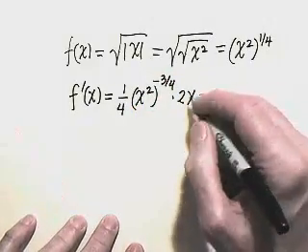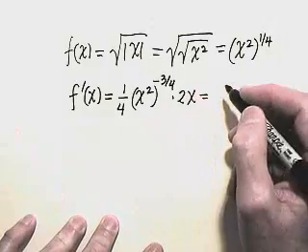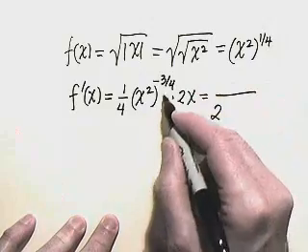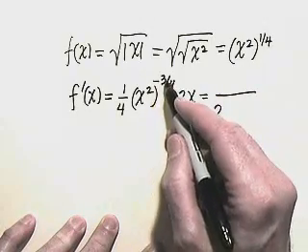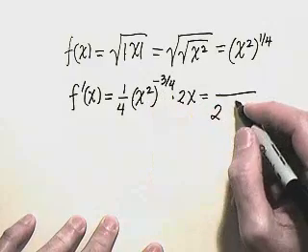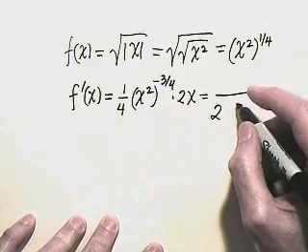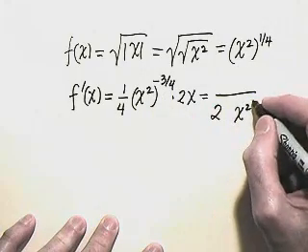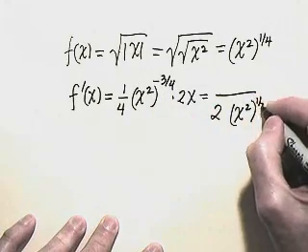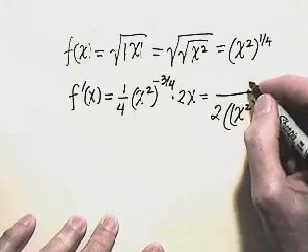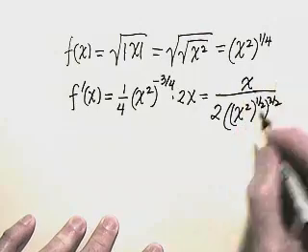Well, notice we can cancel a 2 with a 4, and so down in the denominator we end up with just a 2. Let's put x squared to the negative 3/4, write it down in the denominator. It becomes x squared to the 3/4, which is x squared to the 1/2 to the 3/2, and in the numerator we still have our x.